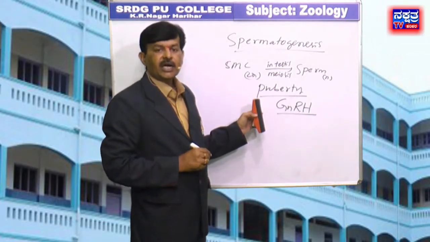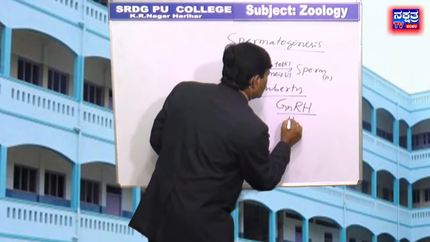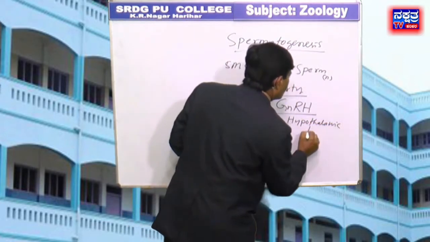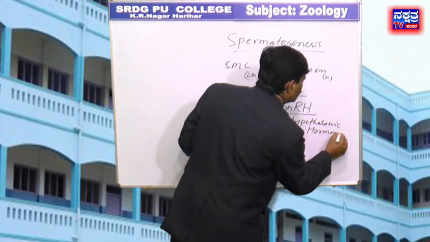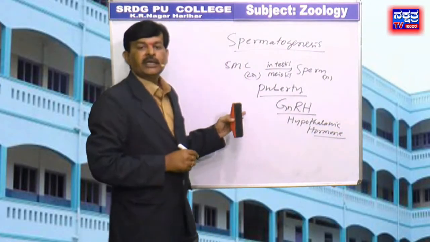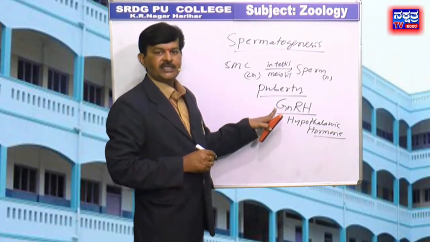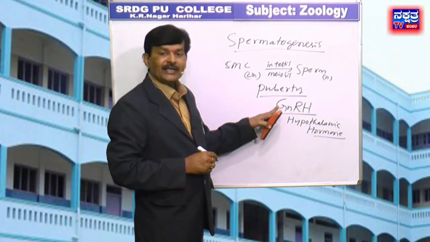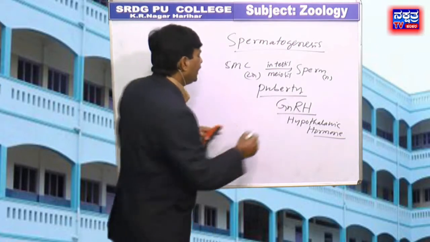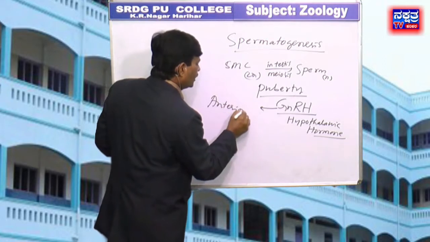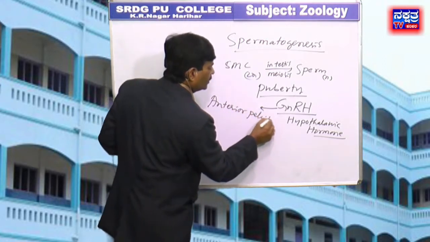This is called hypothalamic hormone. Increased level of GnRH acts on the anterior pituitary.